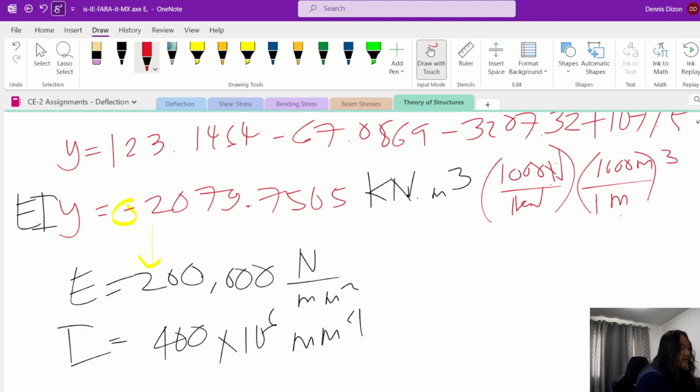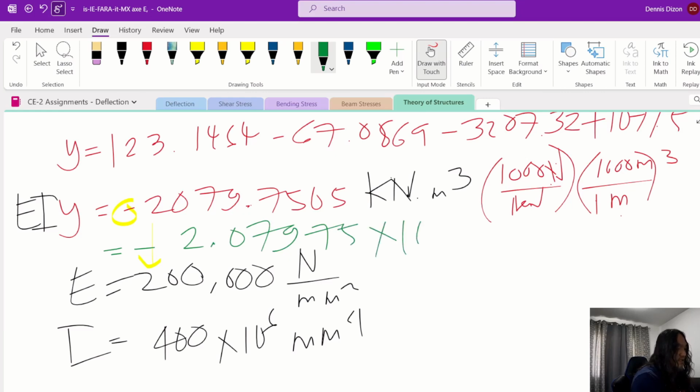So our deflection is equal to minus 2079.7505 times 1000 and times 1000 cubed. This is 2.07975 times 10 to the 15, now in Newton millimeter, then divided by EI.